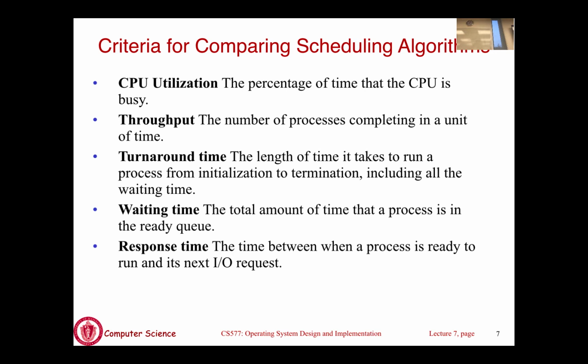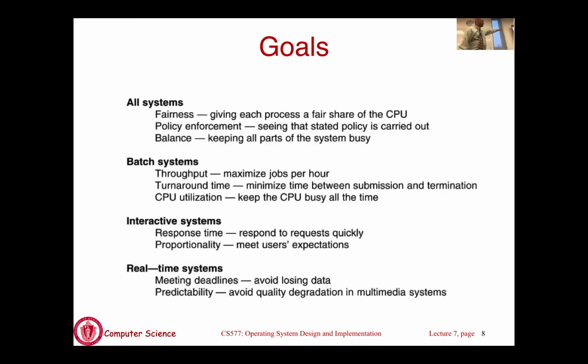What I just said is summarized again here. If you are a batch system, you want to optimize metrics like throughput, turnaround time, and CPU utilization. If you are an interactive system, you want to optimize response time and proportionality, which I didn't define, but it means meeting user expectations. You could have other kinds of systems like real time systems, such as those in your car or in an airplane, controlling mission critical systems.